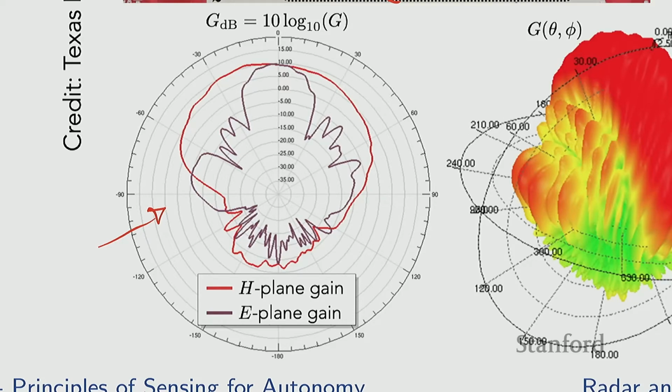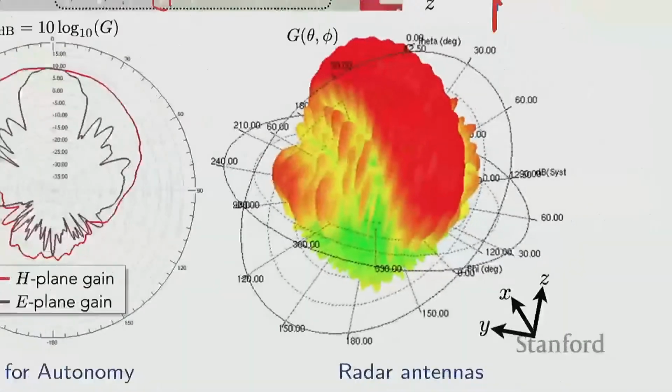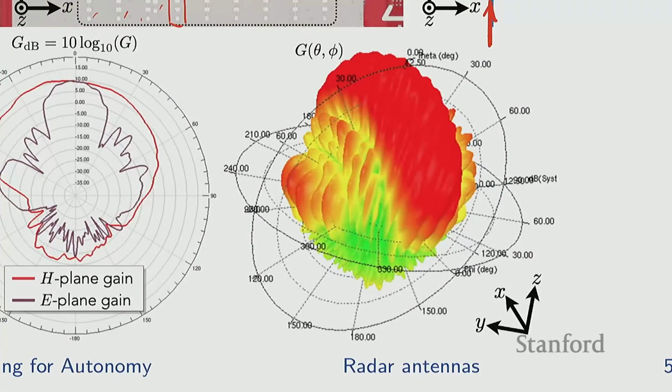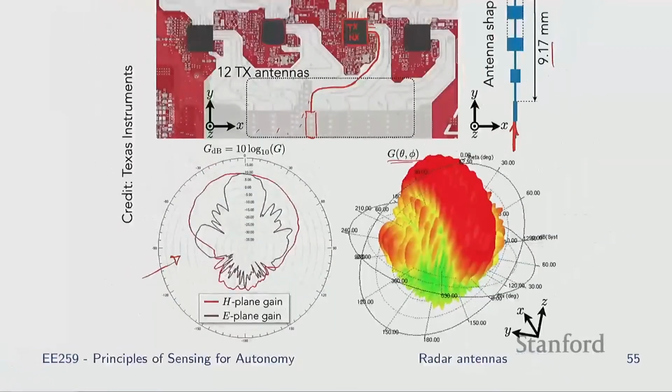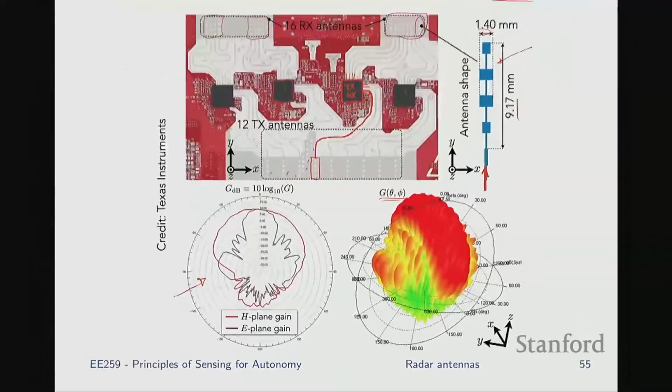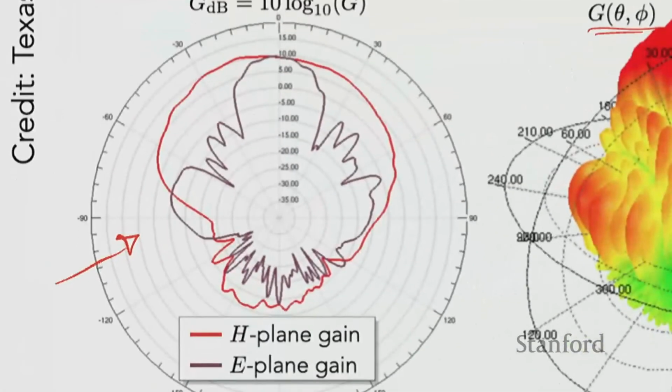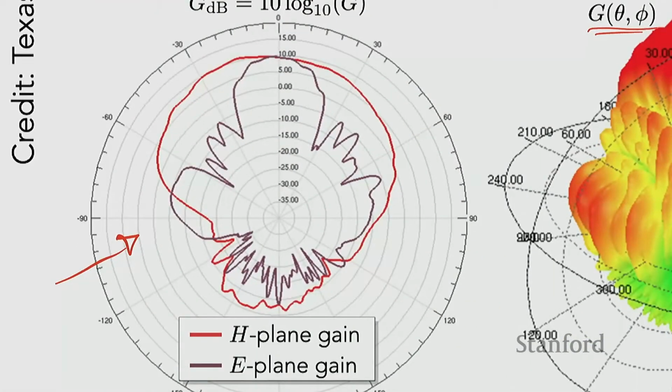Basically cross sections of the gain. And here on the right you see the full 3D plot of the surface of what G of theta and phi looks like. Now here's something very, very interesting. Let's look at this. If you compare the H-plane, the horizontal cross section of the gain, and the purple E-plane, the vertical cross section.